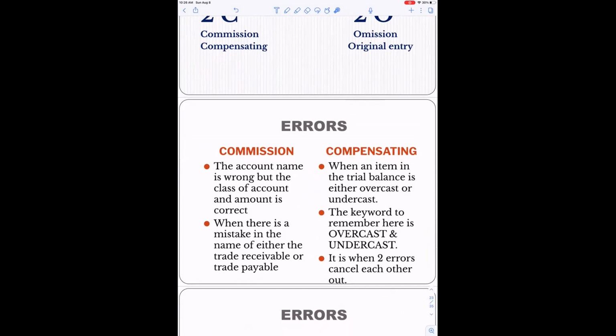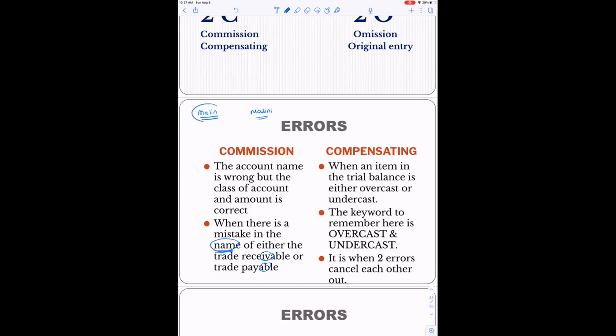Commission: the account name is wrong, but the amount is correct. That means instead of writing the amount in the account of Malin, you record it in the account of Malini. So when there is a mistake in the name of either your receivable or payable, and you record the correct amount but in the wrong account, it is an error of commission.